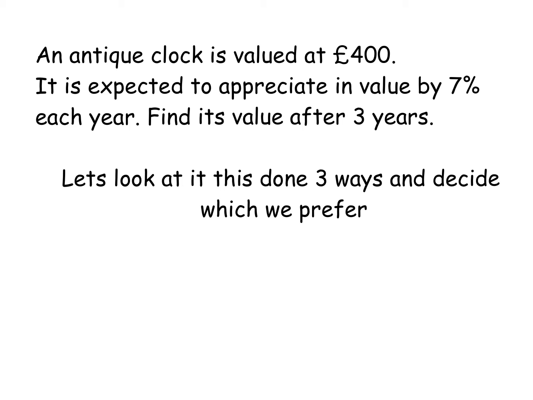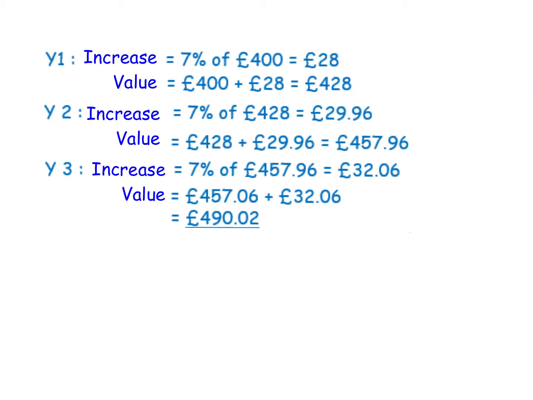What is actually happening is that at the end of the first year, this clock has gone up by 7%, so it goes up by £28 in its first year. Then in the second year, it starts at £428 and goes up by 7% of £428 again. I'm going to show you the working for this, doing it the really long way. In year 1, we've worked out that the interest is 28, and we've added that on to get 428.